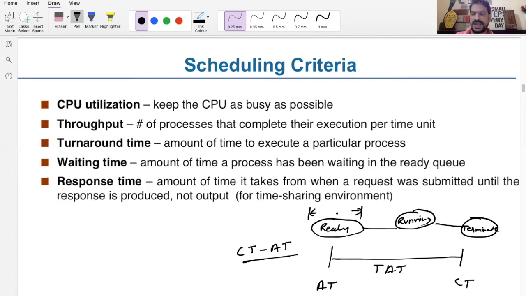And whatever time a process spends in running, inside the CPU, is called burst time. So turnaround time is also waiting time plus burst time.